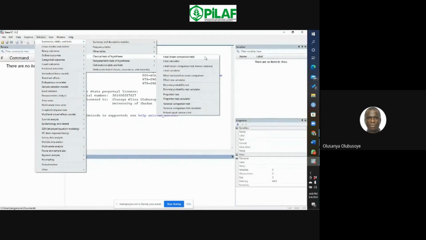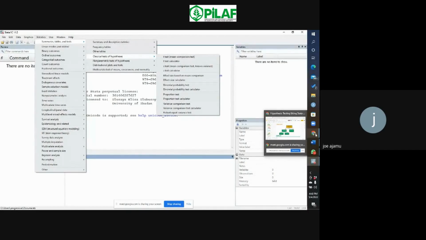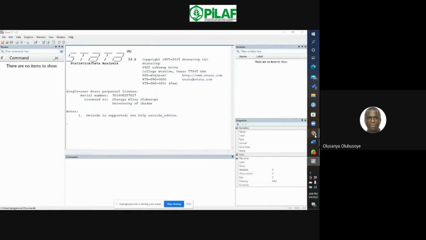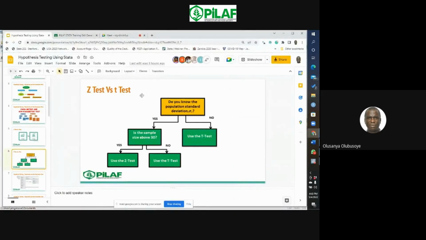Okay, sir. Does it make sense now? Yes, sir. But for clarification, what is the difference between the T test and the Z test? I've made it clear that the T test, you use it when the population standard deviation is not known and the sample size is small.